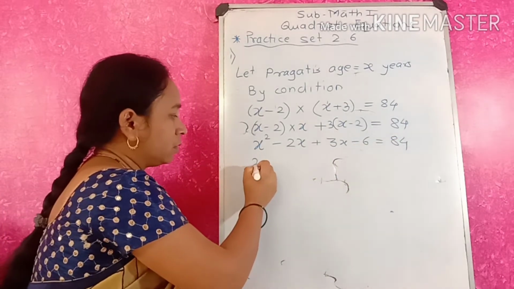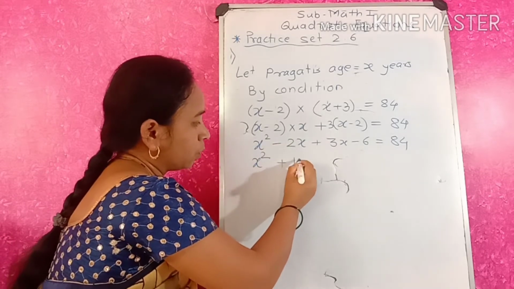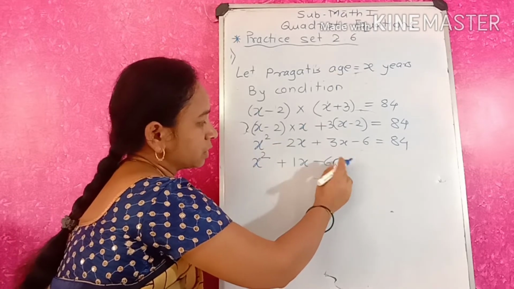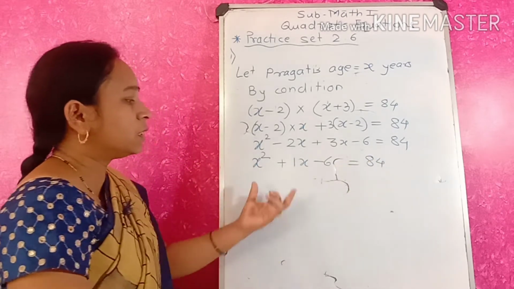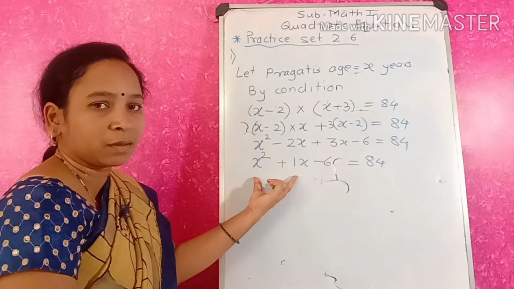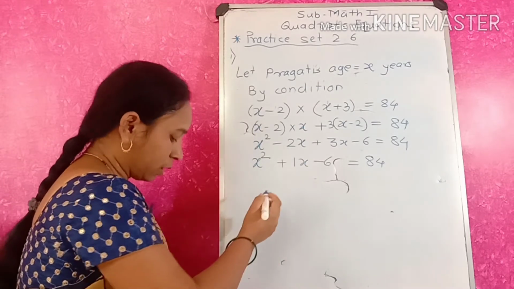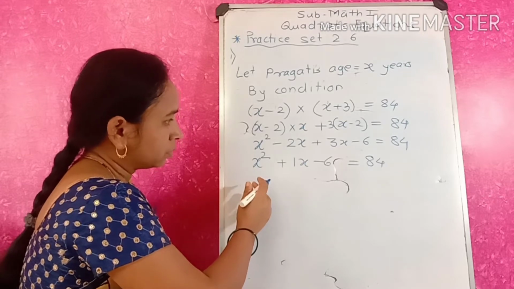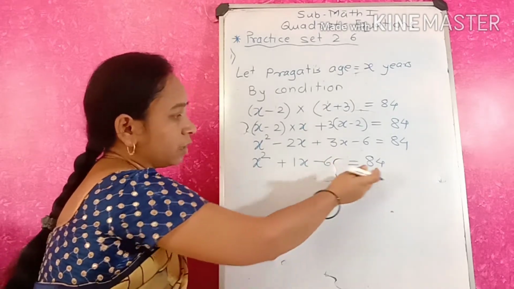If you solve it, you will get x square plus 1x minus 6 is equal to 84. Now this example you can solve by any method, but here I'll use the factorization method only. So what are the factors? Before that we'll transfer 84 on this side.